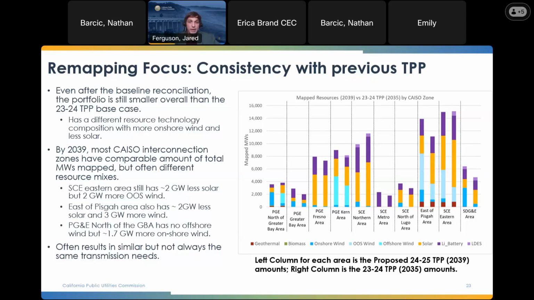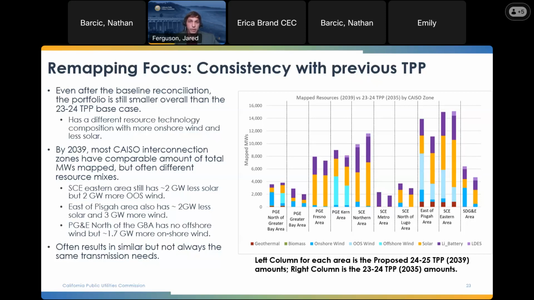Like in the SCE Eastern area, so Riverside and into Arizona, you have a comparable amount of resources, but about 2 gigawatts less solar and 2 gigawatts more out-of-state wind interconnecting in the area.